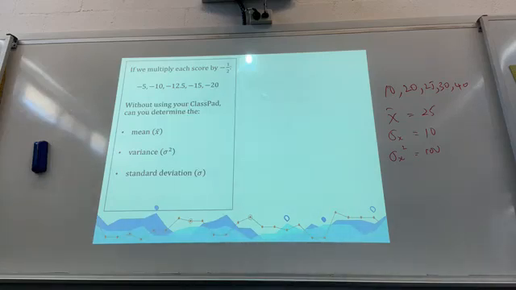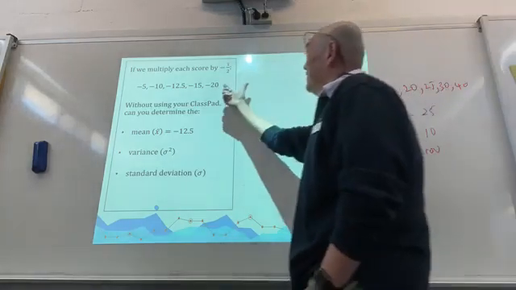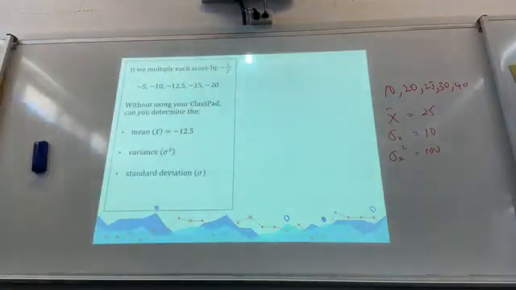What's the mean? 12.5? What do you think? No class pad. Think about it. You're adding a bunch of negative numbers and dividing by something, so you're going to get a negative number. Minus 12.5. Everything is negative, so when you divide by 5, you will have a negative number.